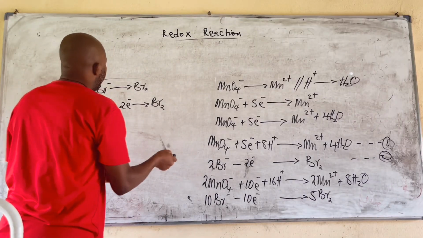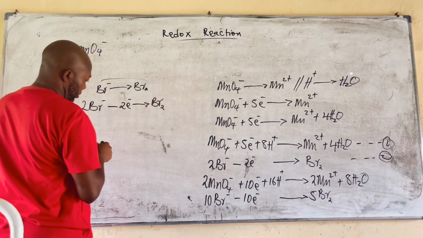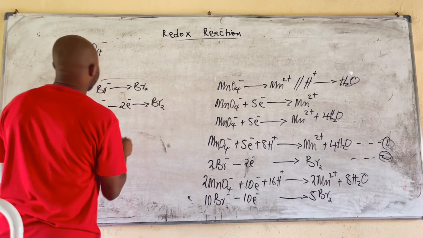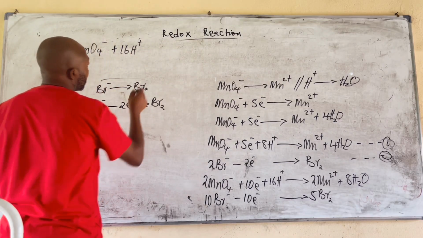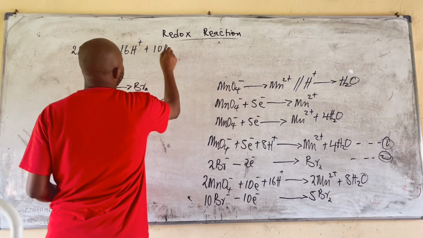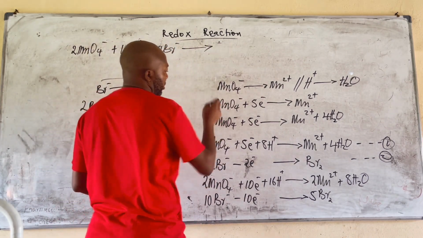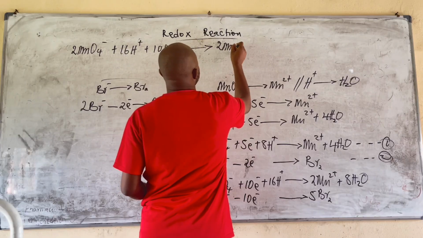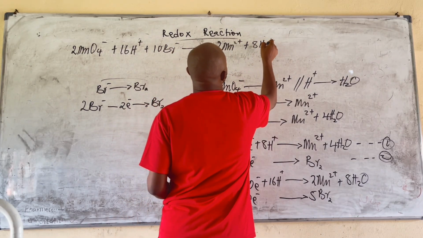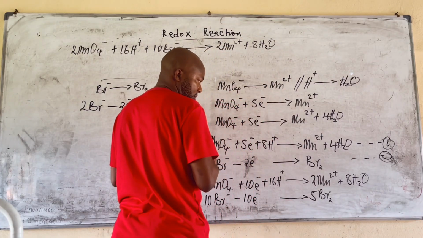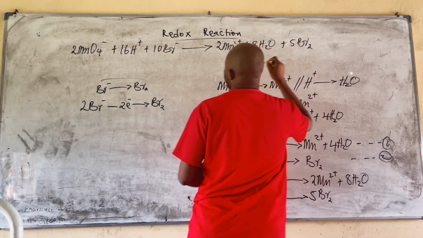The reactant, I have 2MnO4 minus plus 16 hydrogen plus, 10 bromine, gives us 2Mn2 plus, 8 moles of water, plus 5 bromine molecule.